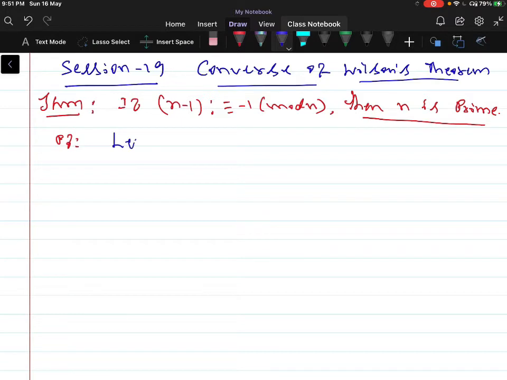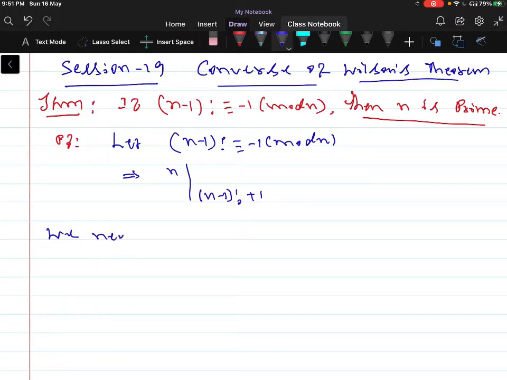Let (n minus 1) factorial be congruent to minus 1 modulo n. So this implies n divides (n minus 1) factorial plus 1. Here we need to show that n is a prime number.